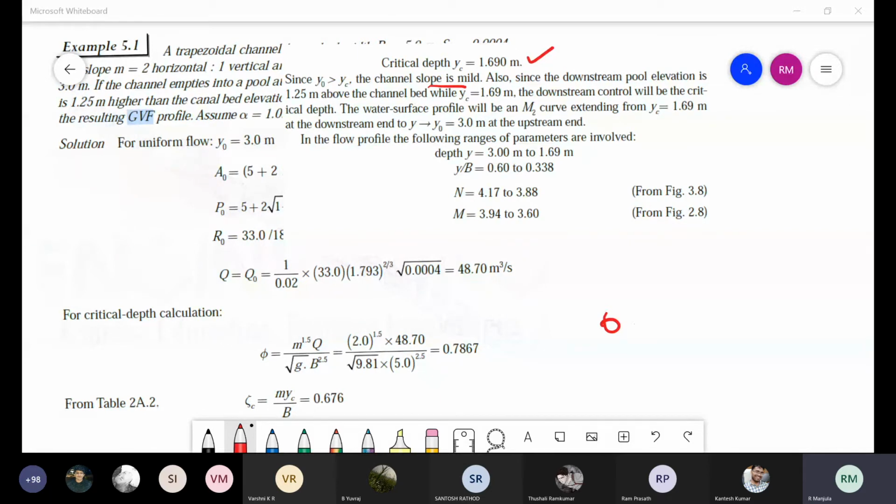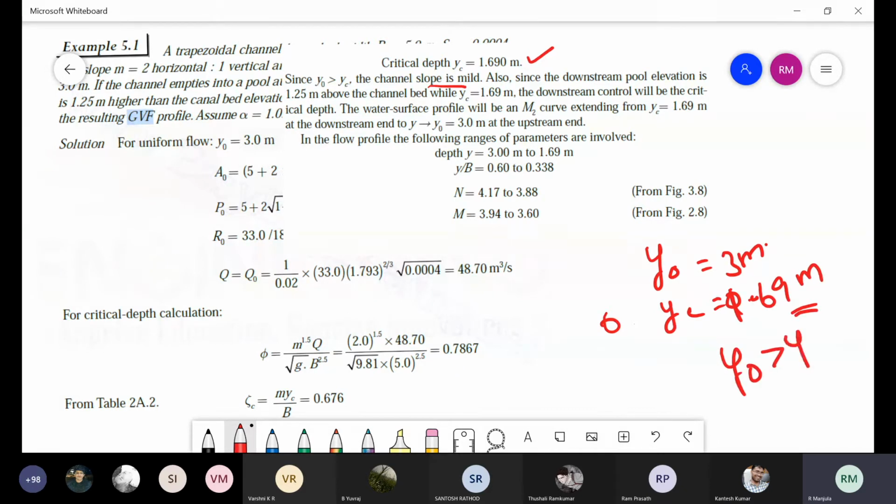Am I right? So your y0 is 3 meter and your yc is 1.69 meter. Now your y0 is greater than yc, hence your channel slope is mild, because this is your NDL, this is your CDL, so it is a mild slope.